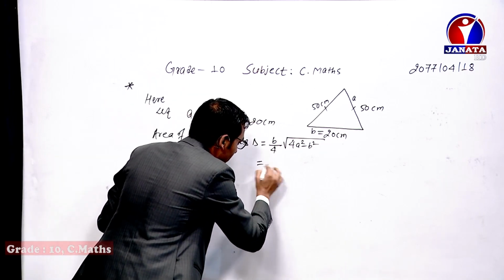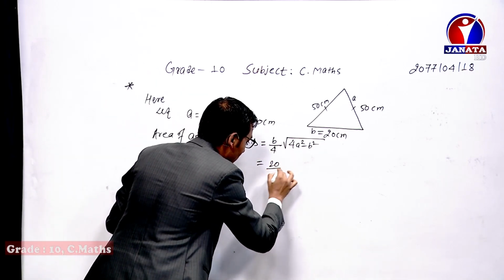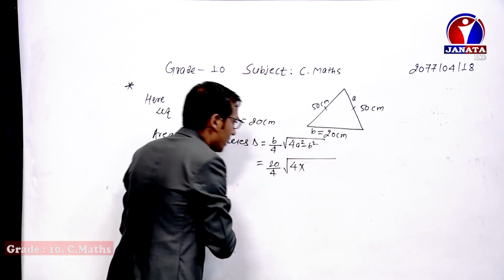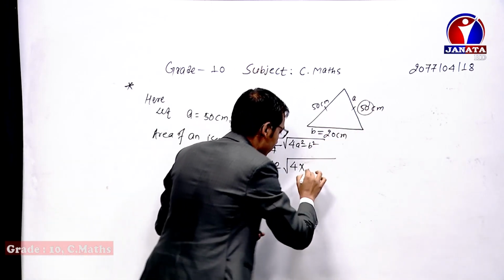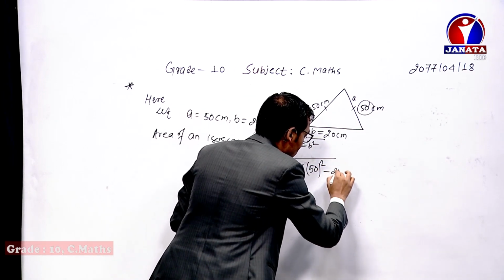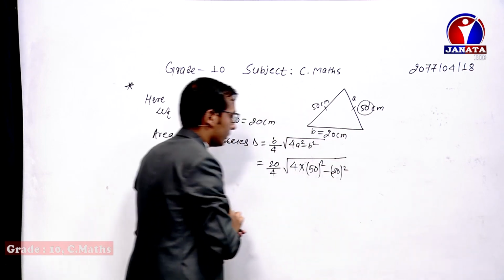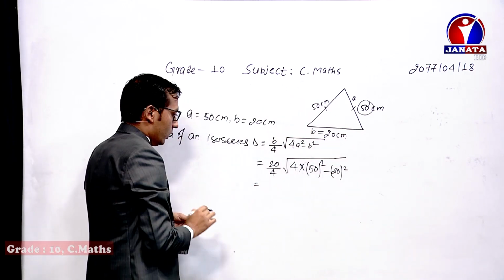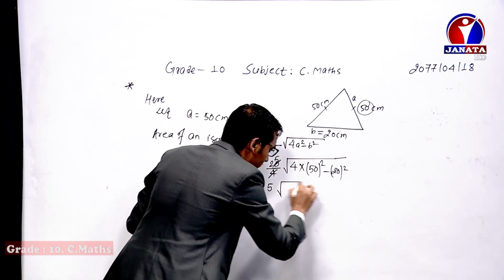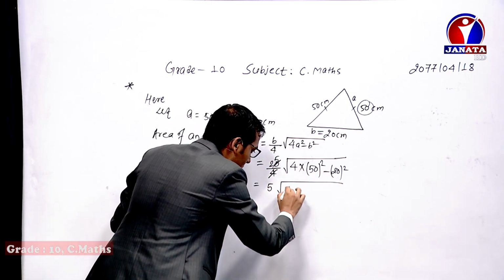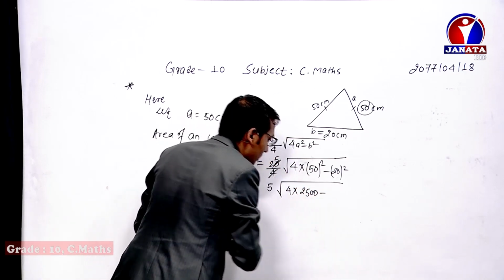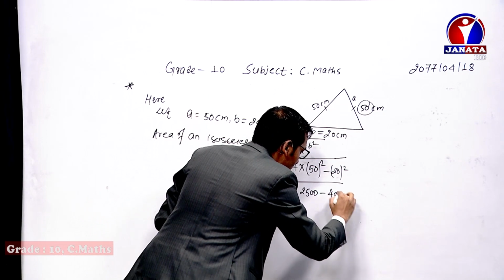What is b? b is the base, so 20 over 4 times the square root of 4 times a square, where a is 50, so 50 square, minus b square, which is 20 square. We can cancel this, it's 5 times the square root of 4 times 50 square, 2500, minus 20 square, 400.